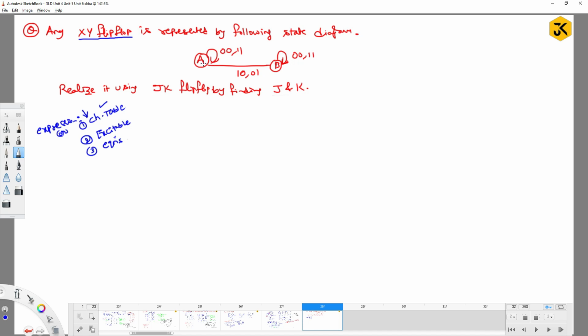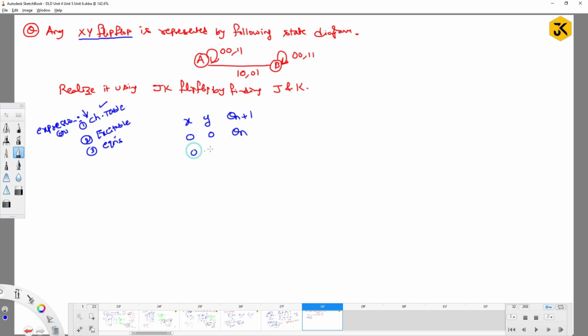If I give the xy values as 0 0, I am going to get the same state. So with 0 0 as input, the next state Qn plus 1 is the same state.